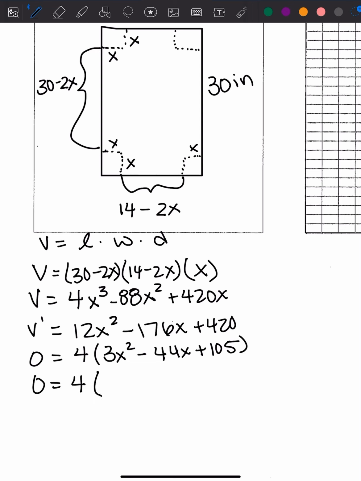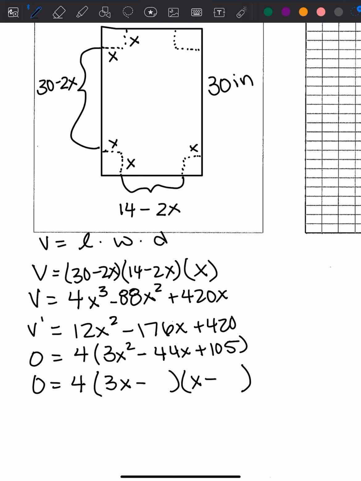In order to multiply these together, I need something that multiplies to 3x squared, so a 3x times x. We have multiplying to get to a positive, adding to get to a negative, so I know they're both going to be negative. And then I multiply 3 times 105 to get 315, so I need numbers that multiply to 315 and add to negative 44. That happens to be negative 35 and negative 9. 9 is the one that's divisible by 3.